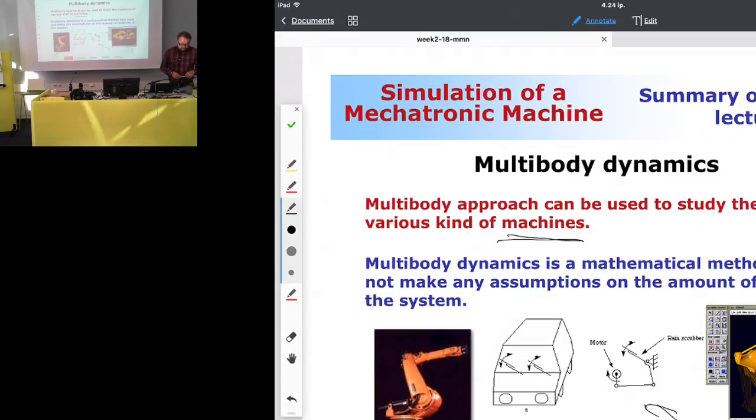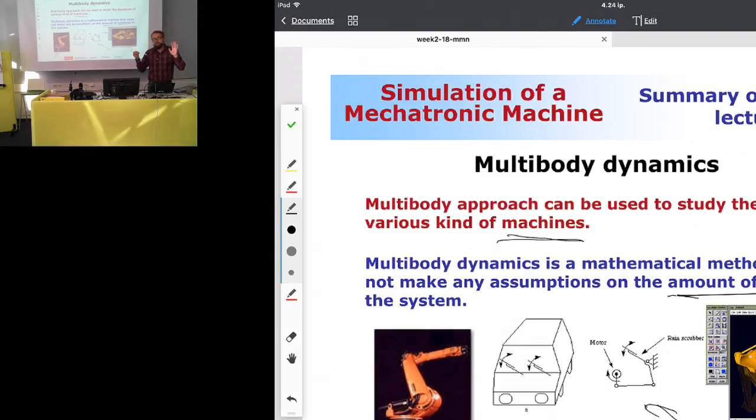Okay, so in multi-body system dynamics, we don't make any assumption regarding the amount of rotations. So we are dealing with large rotations, and large rotations are the most common source of nonlinearity. So we are dealing with nonlinear dynamics. If you take a look at your notes from the Dynamics 1 and Dynamics 2 courses, typically you make a linearization, meaning that you're dealing with a pendulum, assuming that the pendulum rotation angle is plus minus 10 degrees, or something similar.